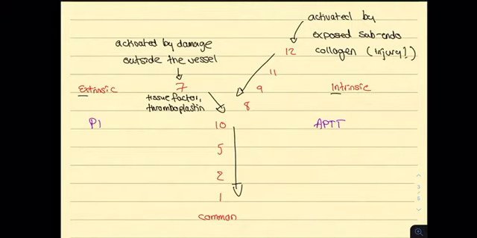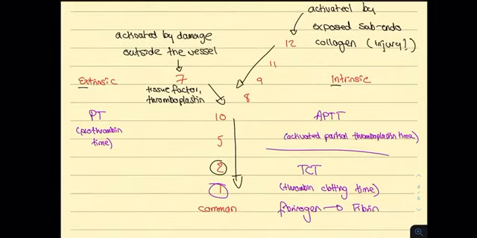This measures both the intrinsic pathway and the common pathway. On the other hand, the PT test, or the prothrombin time test, measures the extrinsic pathway as well as the common pathway. Finally, we have the thrombin clotting time, or the TCT, which measures the time it takes to convert fibrinogen to fibrin. So it depends on activated factor II converting inactive factor 1 or fibrinogen to activated factor 1 or fibrin.